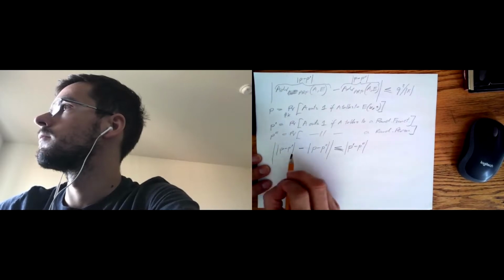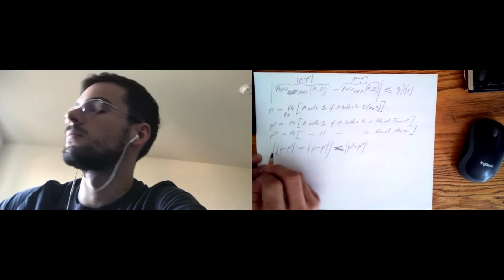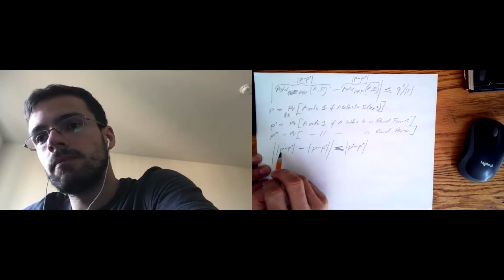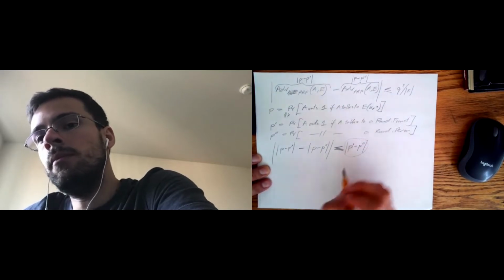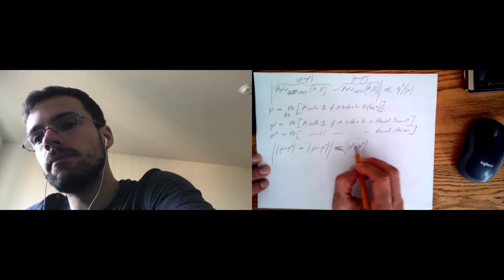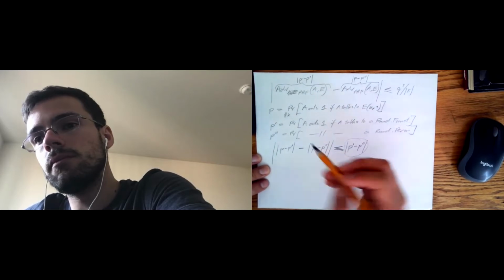It doesn't matter what p is, it's going to cancel out. This is the upper bound on how far p and p prime can be versus p and p double prime. So that's the only thing I have to upper bound. And what is this upper bound? It's how good can A be.